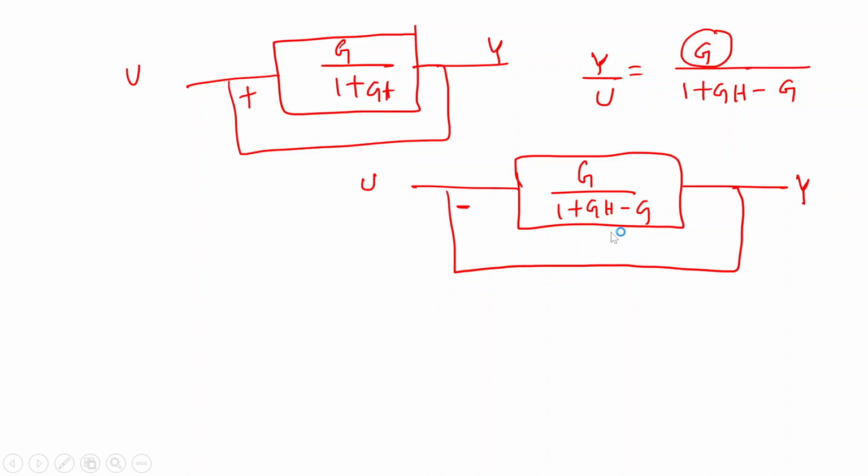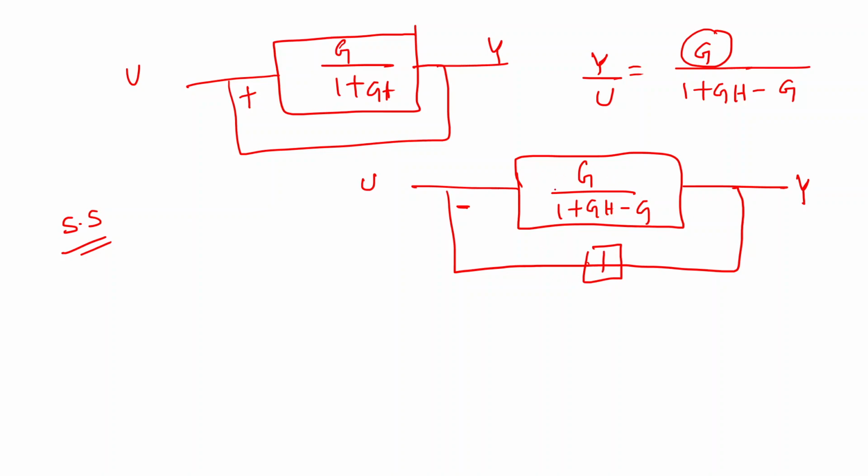Now you can find out the steady state error of the system, because steady state error is only applicable for a unity feedback system. And remember, whenever you are calculating steady state error, you always prefer the open loop transfer function, not the closed loop transfer function, and that too for a negative feedback system, meaning a negative feedback system with unity gain.